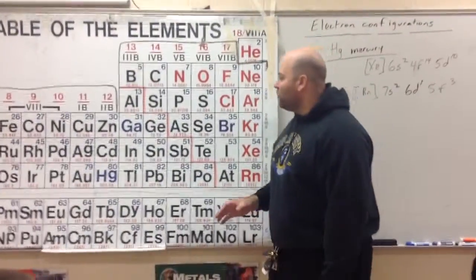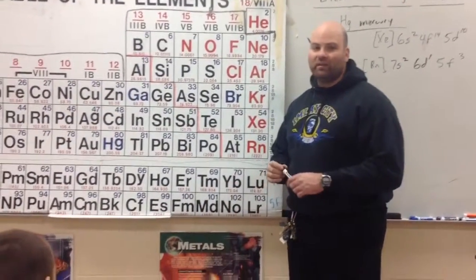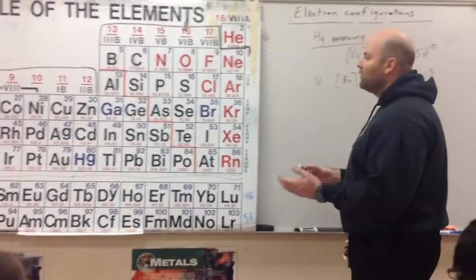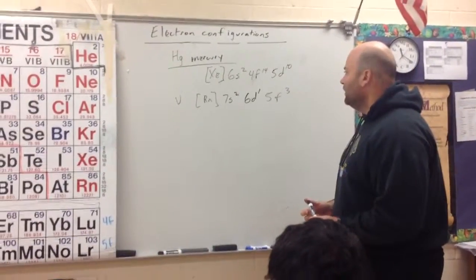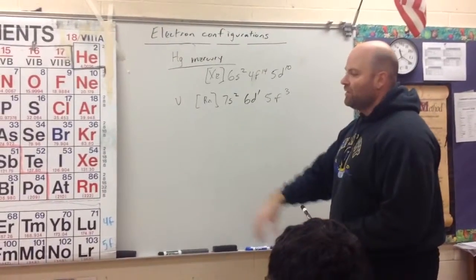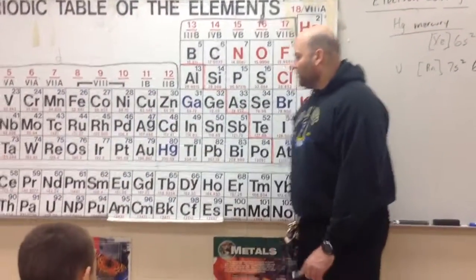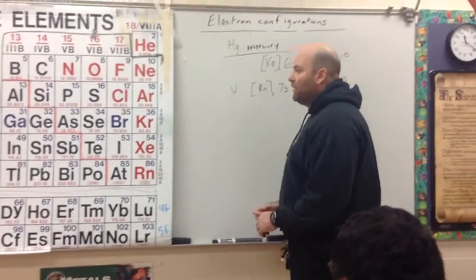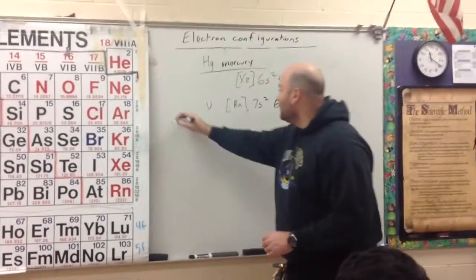Really, what we're worried about is the ones that we've gone over, which is going to help you do the vast majority of these things correctly. But you've got to realize that you have to include your F's when you do your D's. But you guys should be able to do electron configurations now for quite a few of these things.